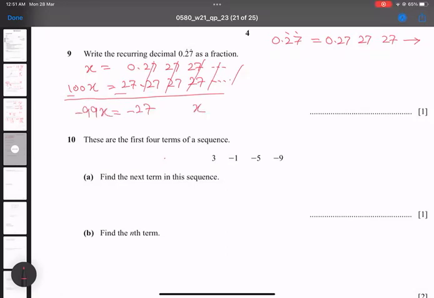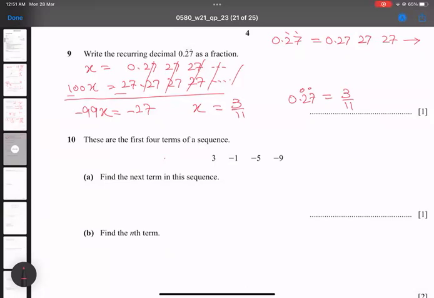I get 27 divided by 99. It gives me 3/11. So 3/11 is our answer after dividing. It means that 0.27 with double dots on it is equal to 3/11. So Alhamdulillah Rabbil Alameen. Let's go for the next question.